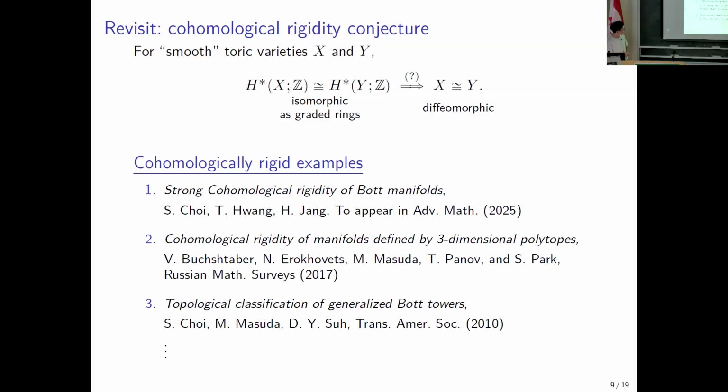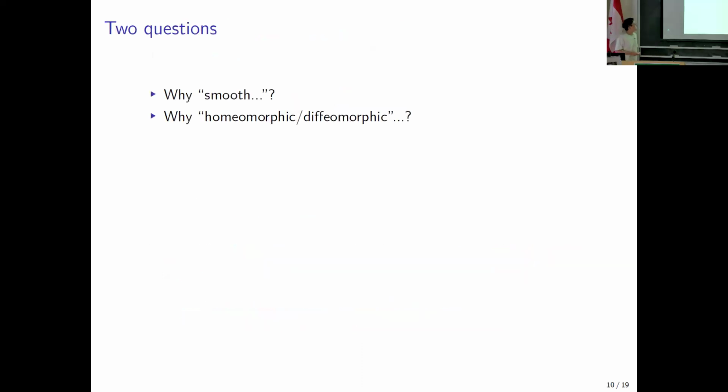And the second one is probably three-dimensional Pogorelov polytopes. All the toric manifolds corresponding to three-dimensional Pogorelov polytopes are cohomologically rigid, right? And also two-stage generalized Bott manifolds are cohomologically rigid. I'm just picking three papers randomly, but there are many results supporting this conjecture. On the other hand, there are no counterexamples. Okay, all right. So this is just the classical story.